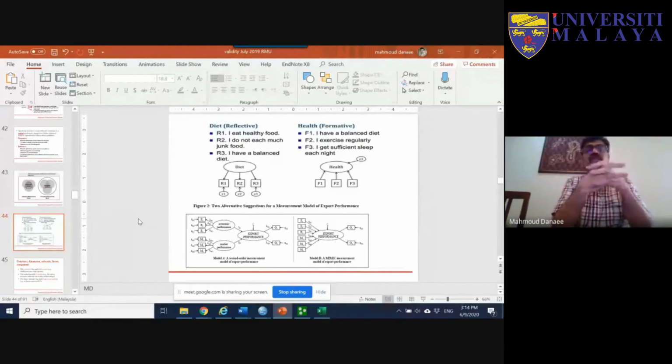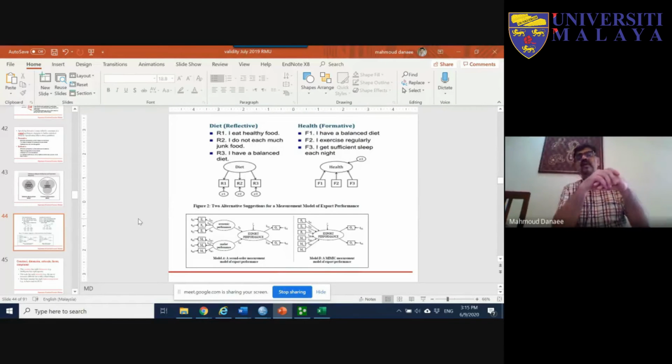Because in a reflective construct, the concept is correlation among the items, and Amos, for example, or other software, work based on that. Of course, the loadings will be high if they are highly correlated. I saw many students and researchers mistakenly use this statistical analysis for the formative construct. This is very important, that you need to understand how you deal with these two types of construct.